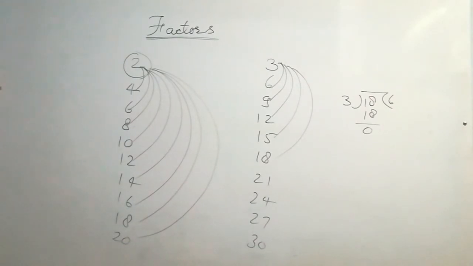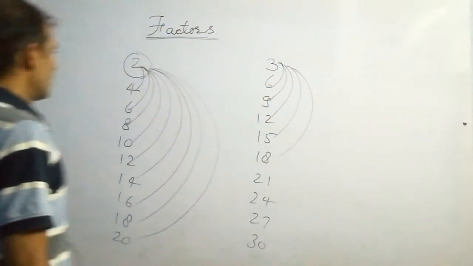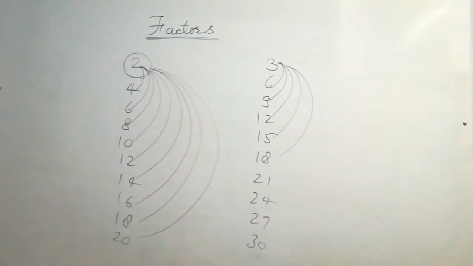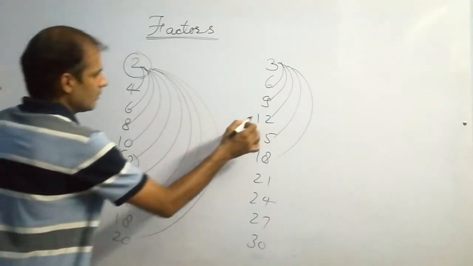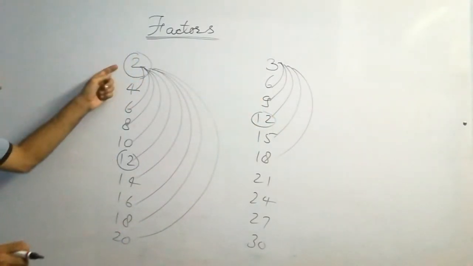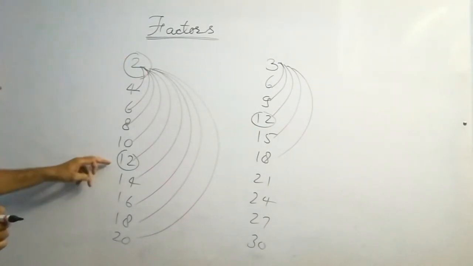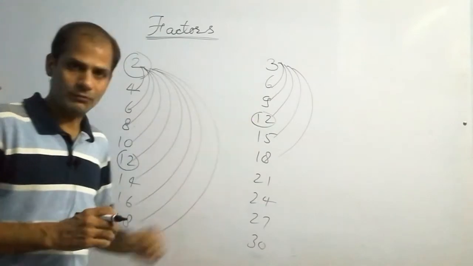Now, again, if you want to check what the factors of 12 are, you can see 12 comes in the table of 2 and 3 also, so 2 is a factor of 12 and 3 is also a factor of 12.